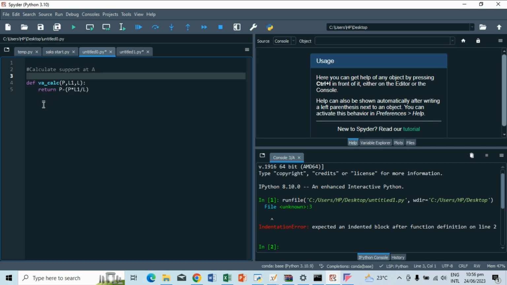So that's VA. And then again, let us do a function for the support reaction at VC, at C. So we also define a function. Let's call that VC underscore calc. And that would also have parameters.